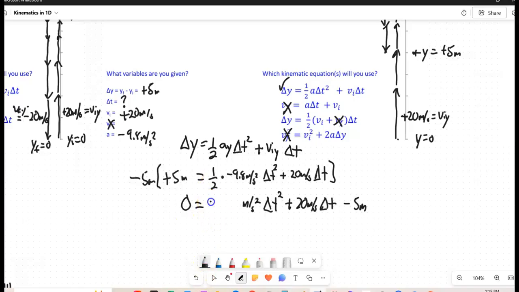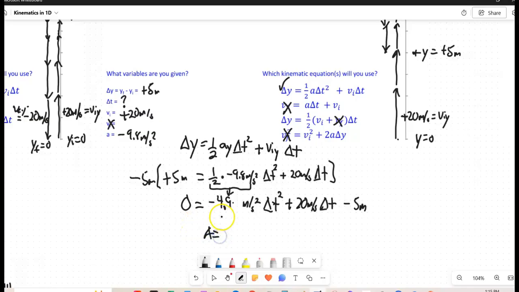So I'm just going to write negative 4.9 right here. So we have negative 4.9 meters per second squared, delta t squared, plus 20 meters per second, delta t, minus 5. This is a quadratic.